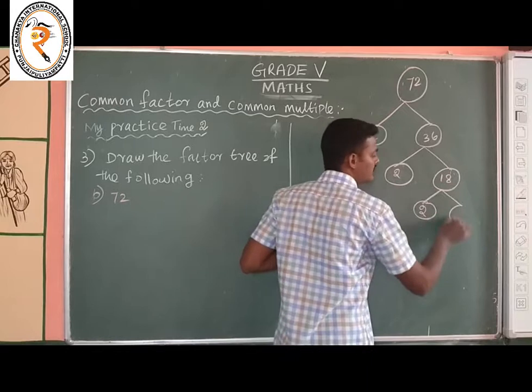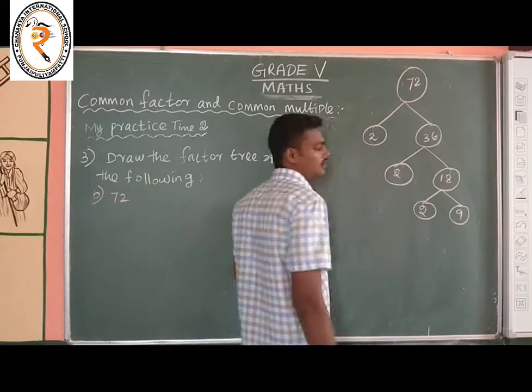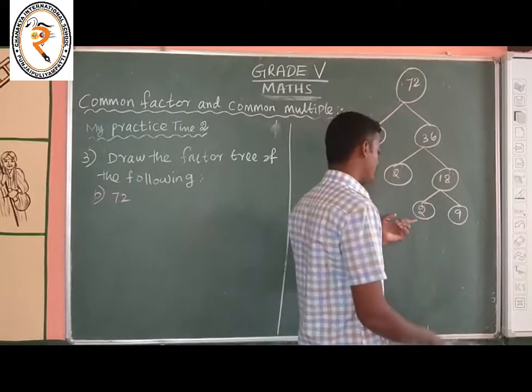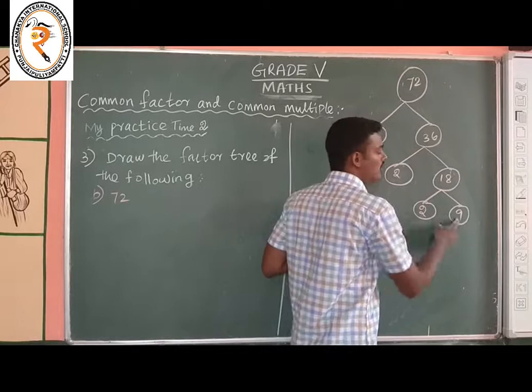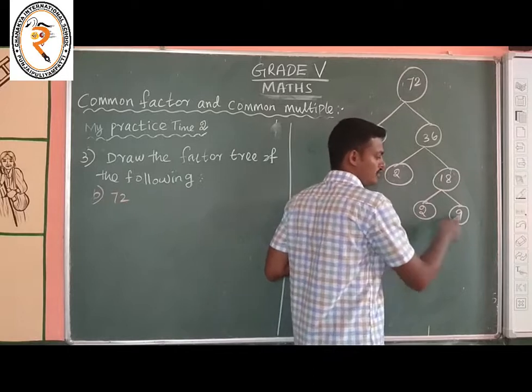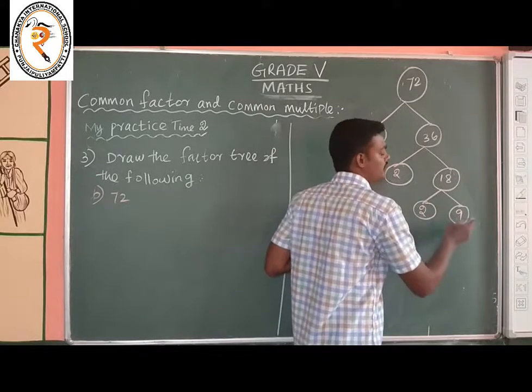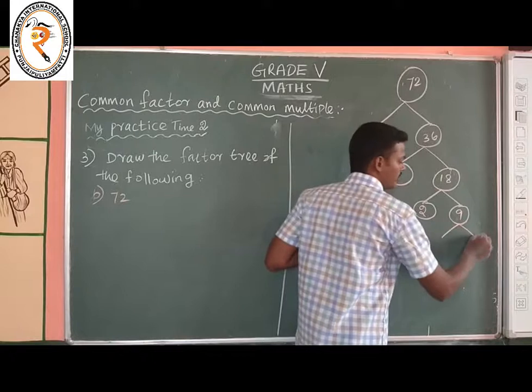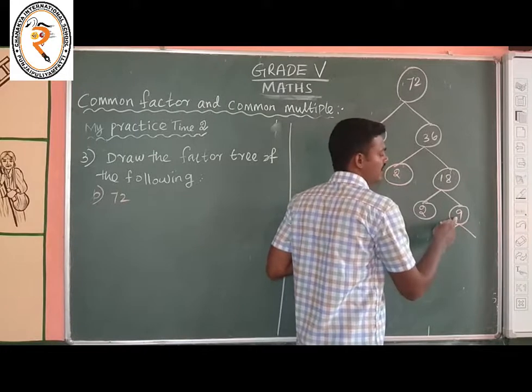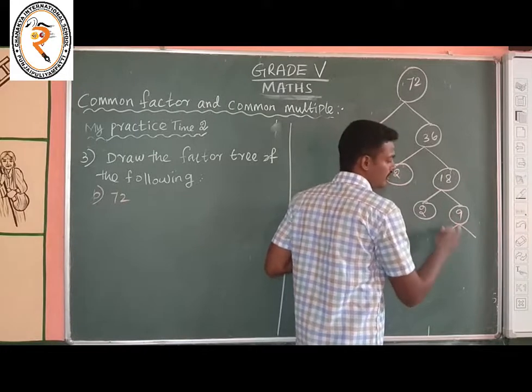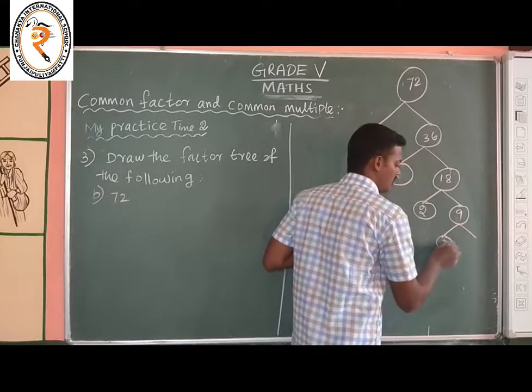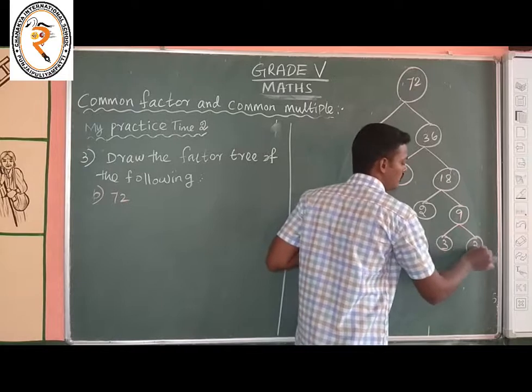2 9s are 18. Next, 2 is a prime number. So splitting 9. 9 is a composite number. 9 is not in the second table. So next, table 3. 3 3s are 9. So 3 is a prime number.